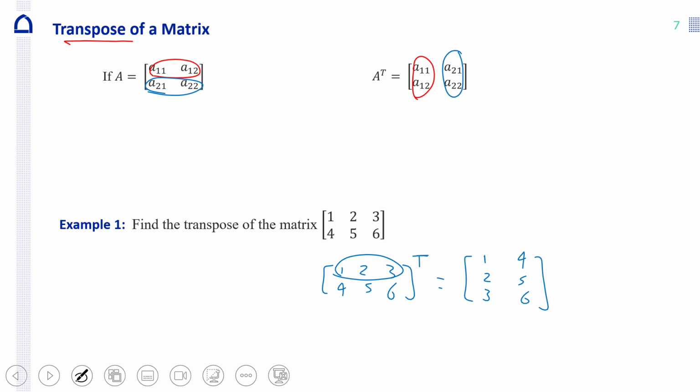This is the transpose of this matrix. So if you have a matrix 2 by 3, its transpose will be 3 by 2, 3 rows and 2 columns. But before it was 2 rows and 3 columns. So for the transpose, you change the rows into columns.